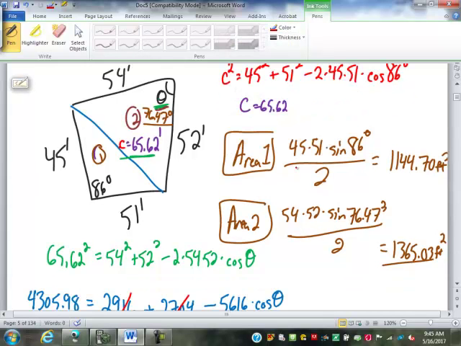So we have to add those two areas together. $2,509.73 square feet.